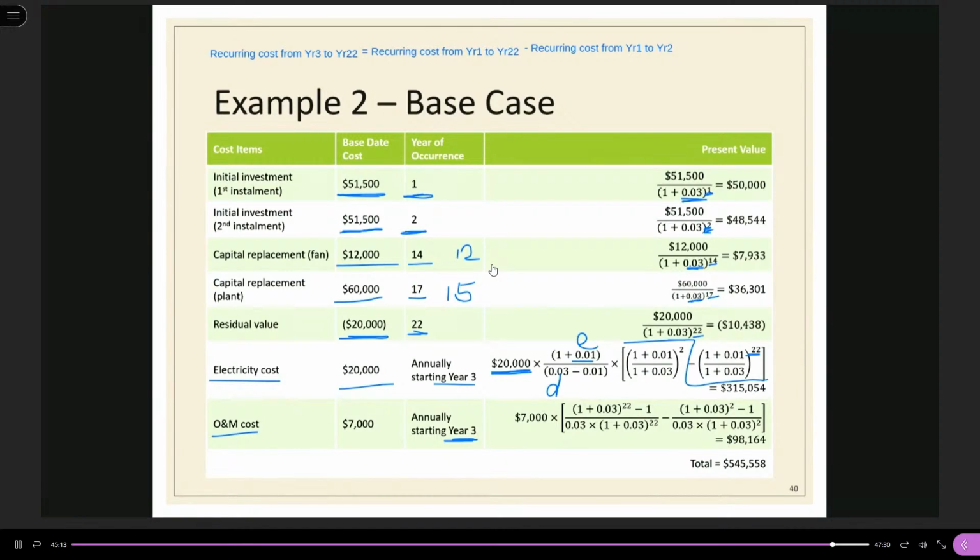So we use this component minus this component. Then we have the recurring cost from year 3 to year 22. Okay, so this is the total life cycle cost for the base case.